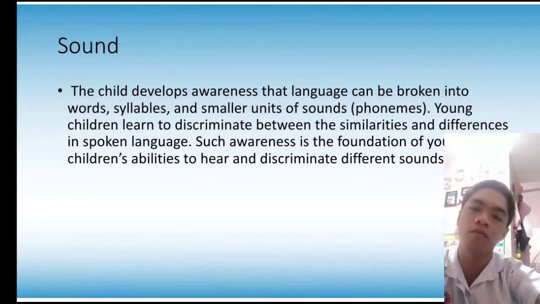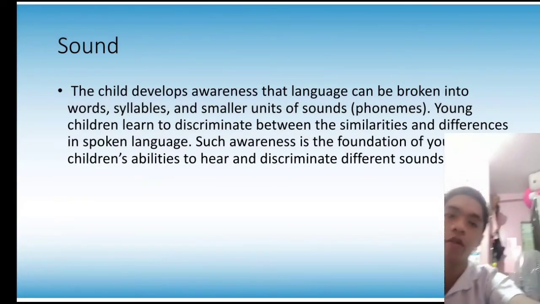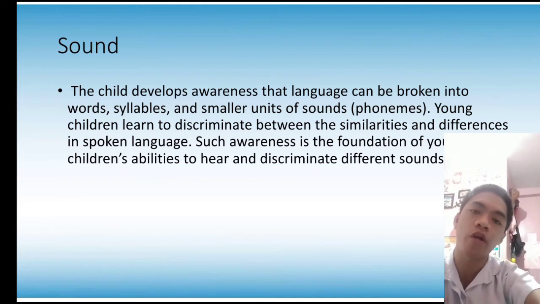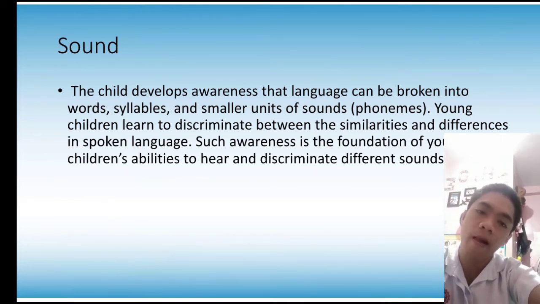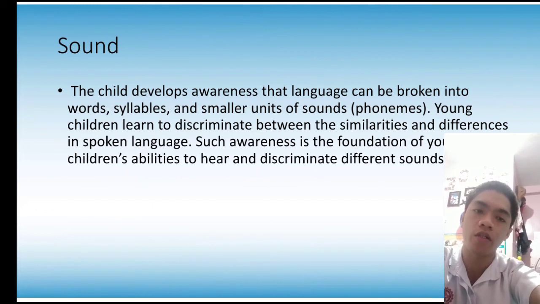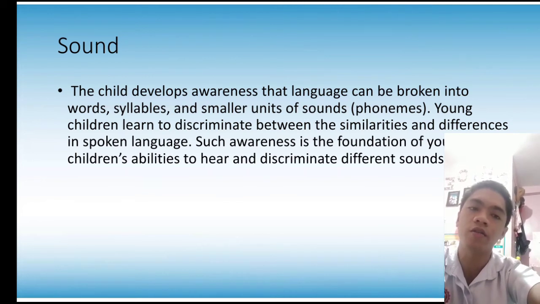Next is the sound. The child develops awareness that language can be broken into words, syllables, and smaller units of sounds. Young children learn to discriminate between the similarities and differences in spoken language. Such awareness is the foundation of young children's abilities to hear and discriminate different sounds in words.